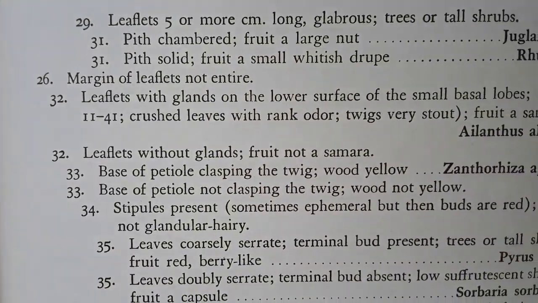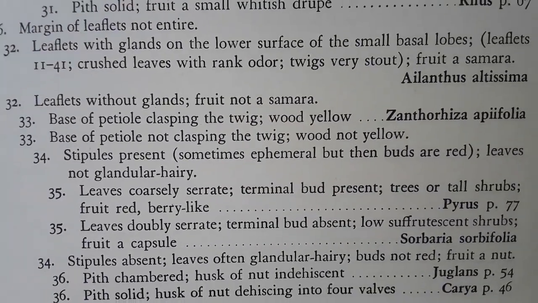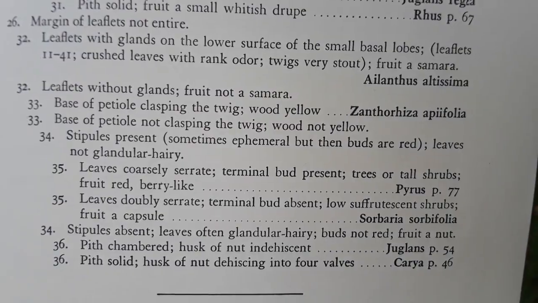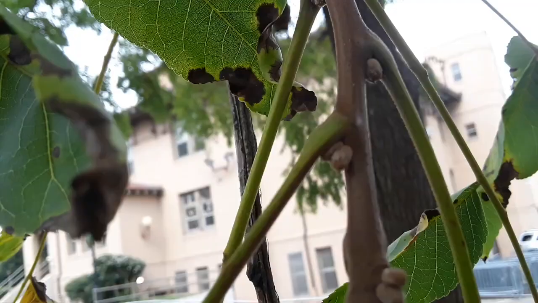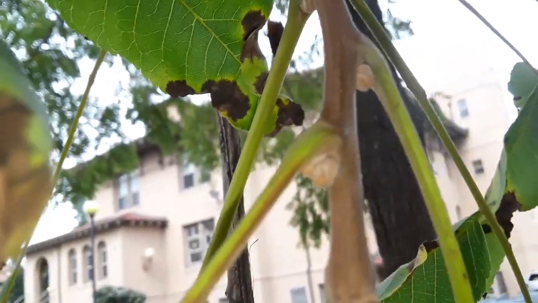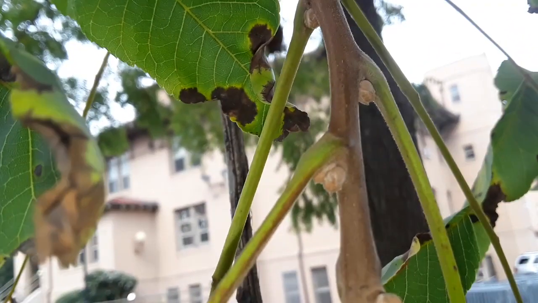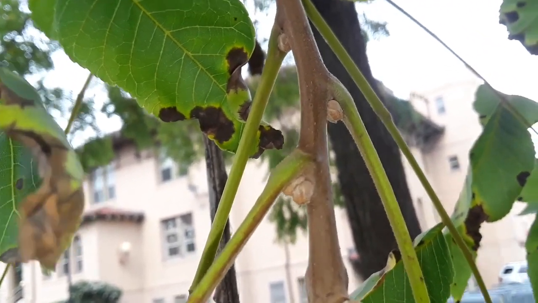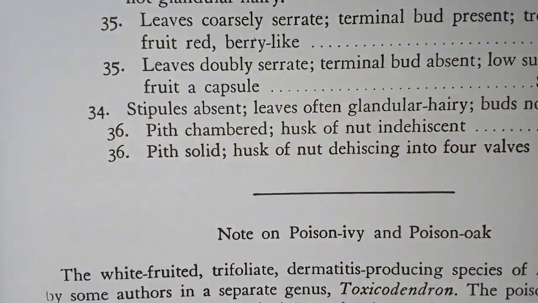Okay, base of petiole not clasping the twig. Wood, not yellow. True. Okay, stipules present or stipules absent? And remember, the stipules are like little leaves growing by the bud. There's nothing there. So we go to number 34.